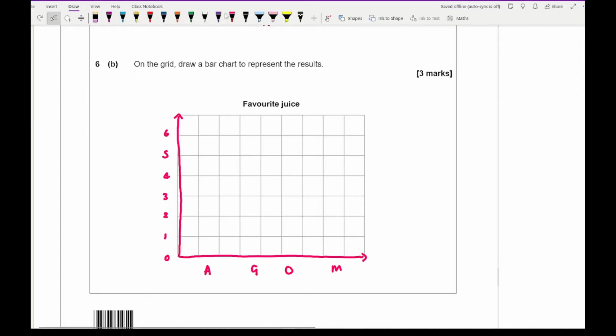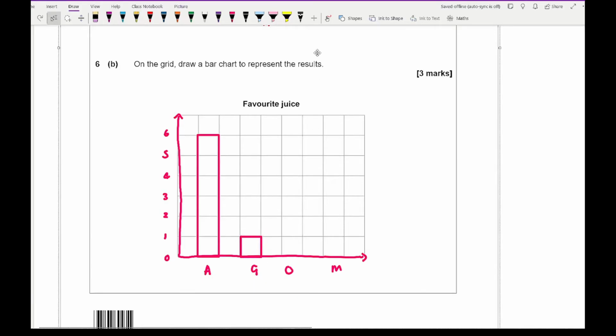So let's do some actual bars. The first one needs to go up to 6, and let me just neaten that up. That's going to be very time consuming to get this done. And the next one needs to go all the way up to 1. Make that a little bit neater.